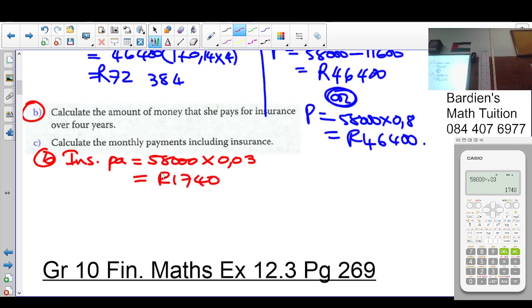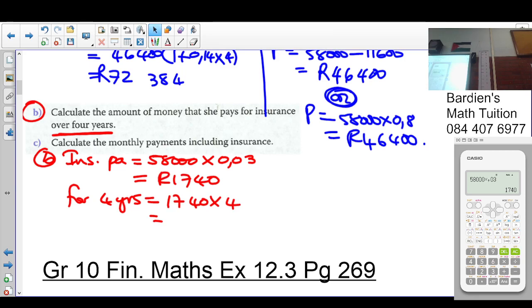That is per annum. But they want to know the total amount of money that she pays for insurance over 4 years. So I take 1,740 and multiply it by 4. That should give you 6,960.